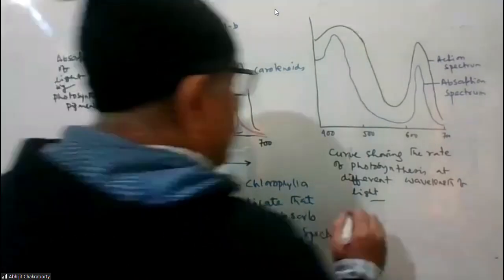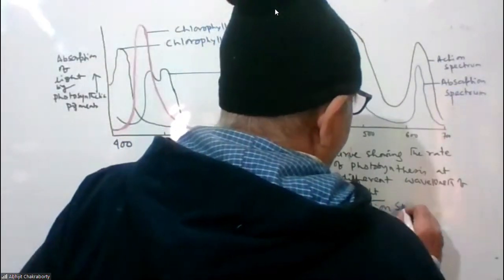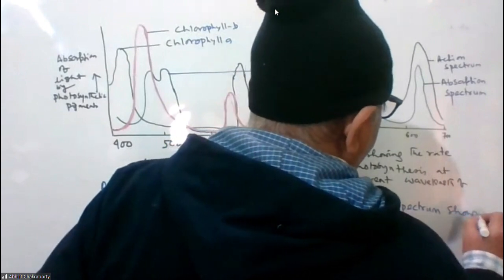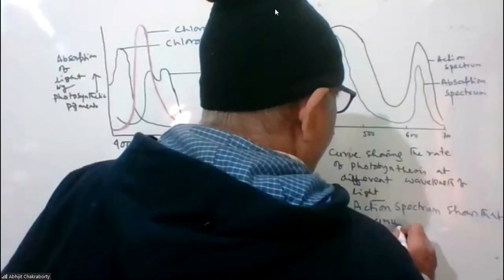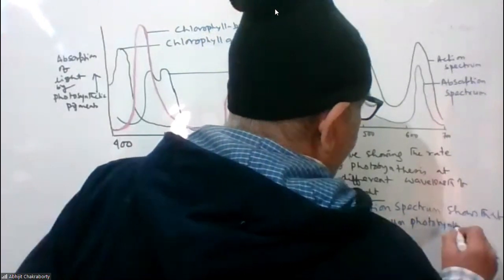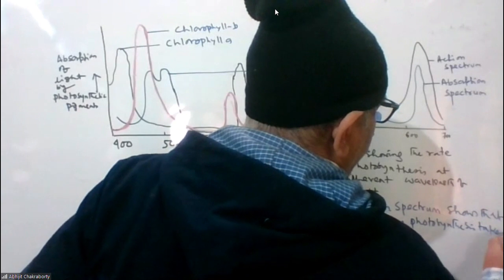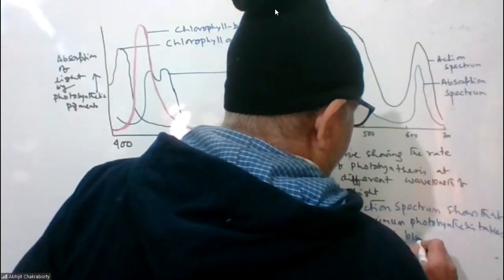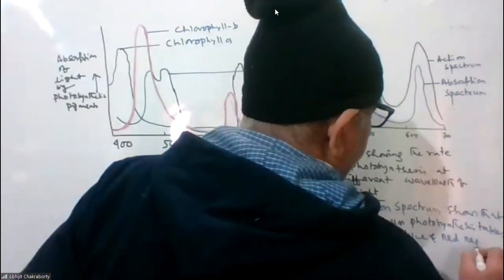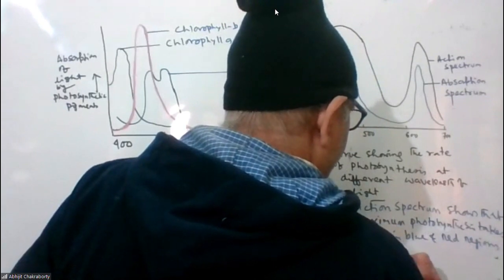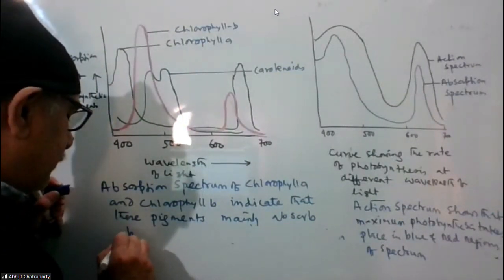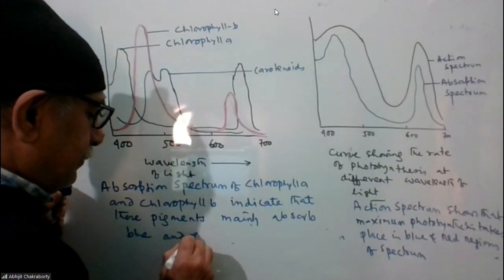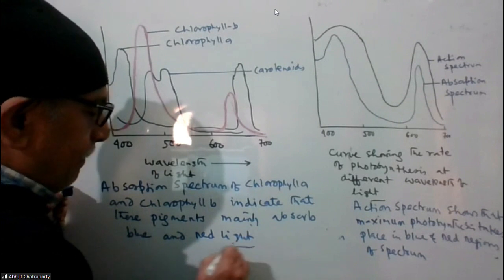On the other hand, action spectrum shows that maximum photosynthesis takes place in blue and red light. That is very easy for you.